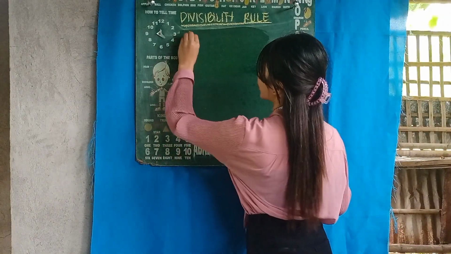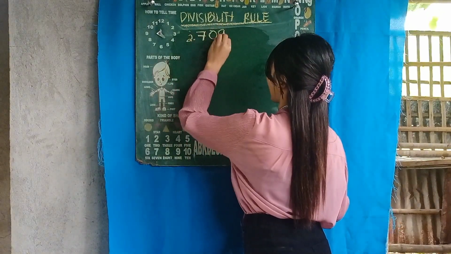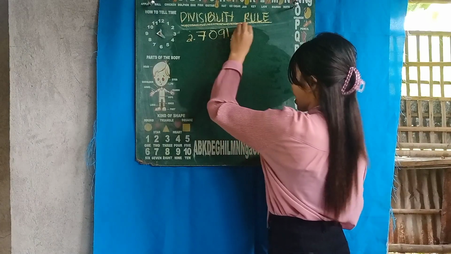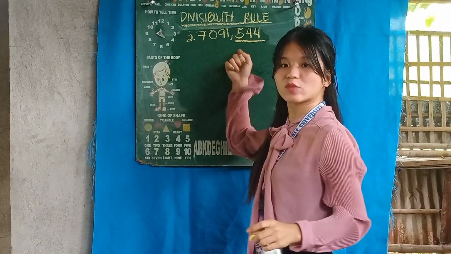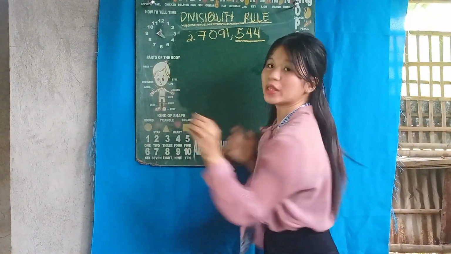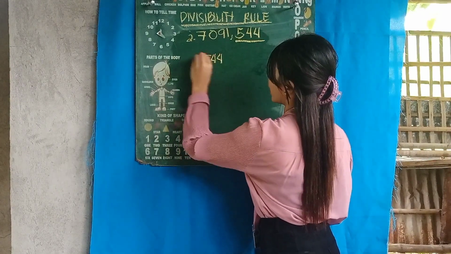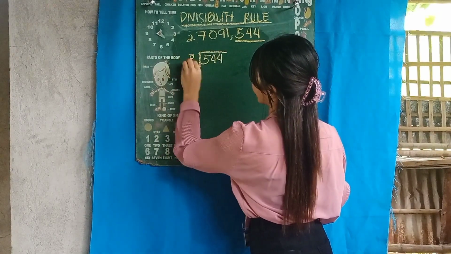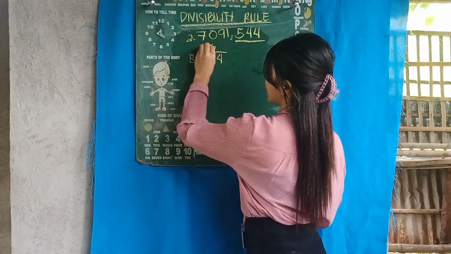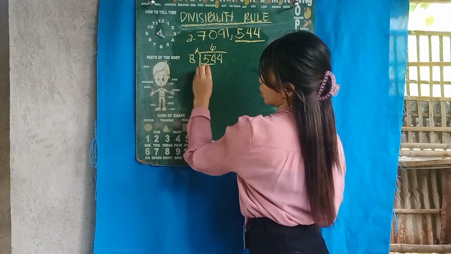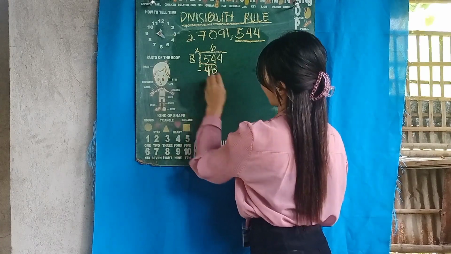Next example, number 2 is 7,091,544. The last three-digit number is 544. So we need to use the long division. 544 divided by 8. 54 divided by 8 is equals to 6. 6 times 8 is equals to 48. Then, minus.